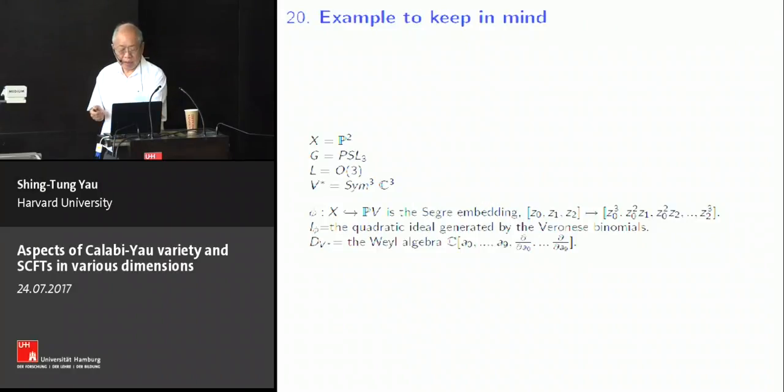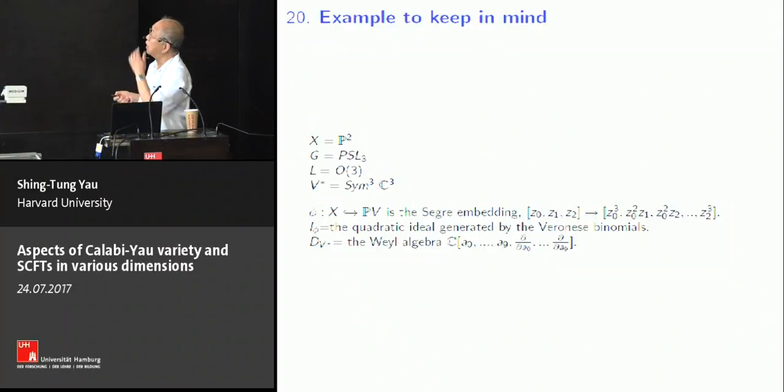Okay, so what do you do with this? Let me give you some examples. A simple case is X equals P2, the group G is PSL3 acting on X, and the line bundle is O(3).